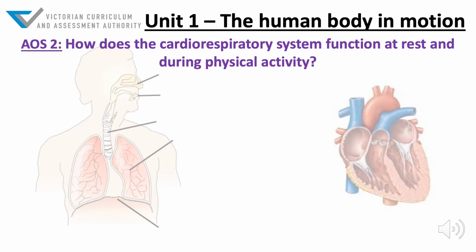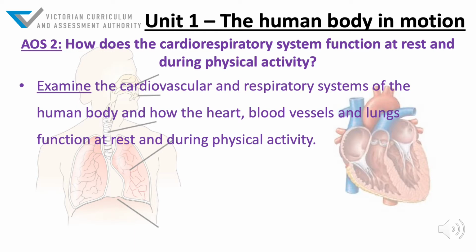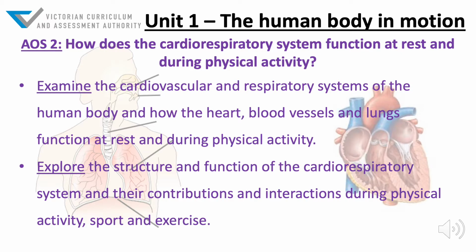In Area of Study 2, you're going to be able to examine the cardiovascular and respiratory systems of the human body and explain how the heart, blood vessels, and lungs function at rest and during physical activity. You're going to be able to explore the structure and function of the cardiorespiratory system and their contributions and interactions during physical activity, sport, and exercise.